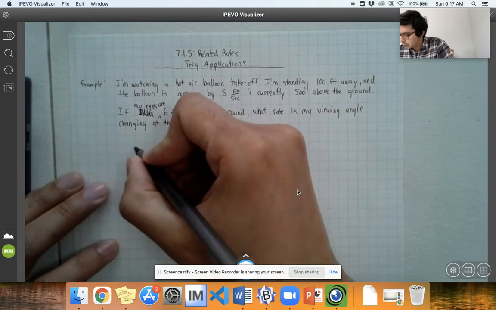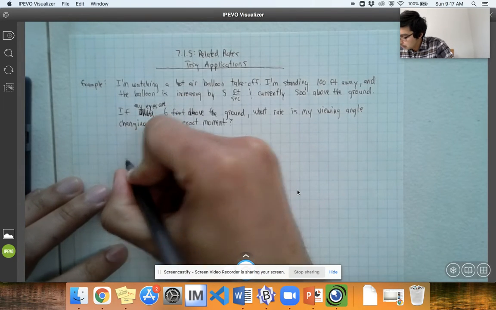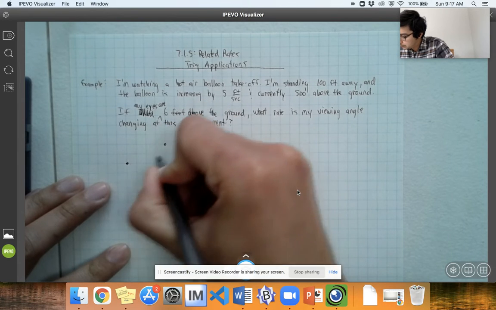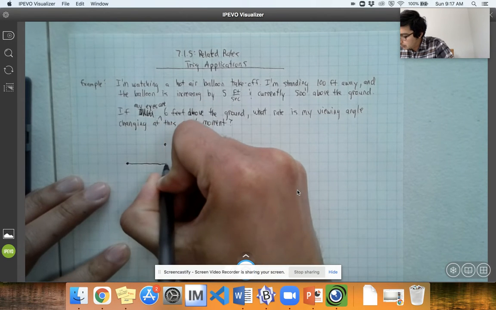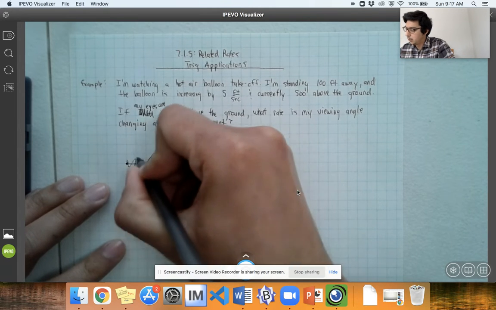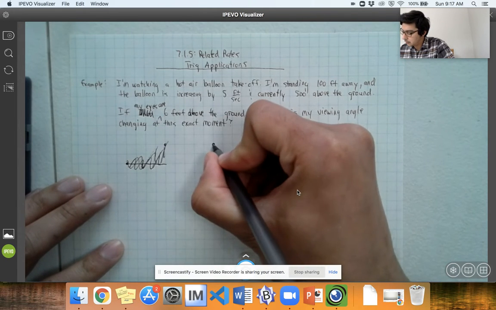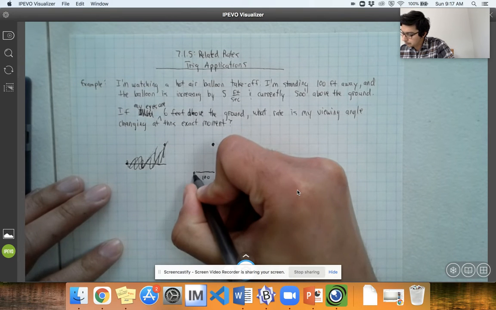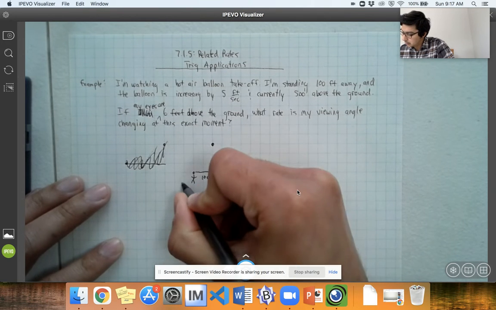So let's draw a picture of this idea. You have a balloon that's taking off. This is a bad picture, let me make it a little bit more accurate. So you have a balloon taking off. I am 100 feet away, so here I am. Here's the ground.